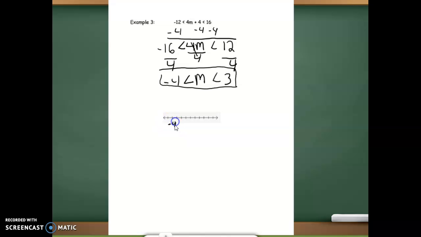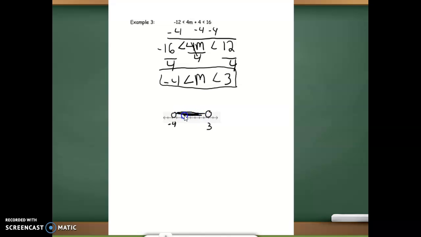So I'm going to put the important numbers. We've got negative 4 and 3, right? Okay, so m has to be bigger. So let's start with the negative 4. It has to be bigger than negative 4, but less than 3, both open circles. So your answer lies in the middle.